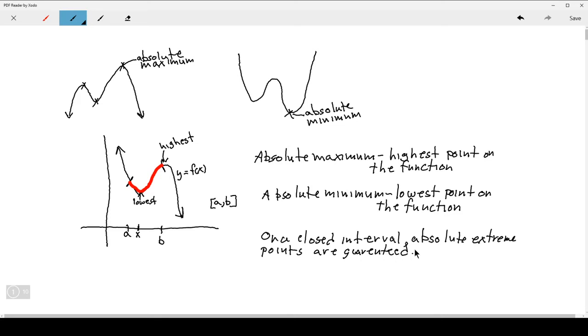If you have a function on a closed interval, you're guaranteed an absolute maximum and an absolute minimum. On an open interval, not so much. If you have an open interval or you have just a function on its domain, then you might have an absolute maximum or an absolute minimum, or you might not.